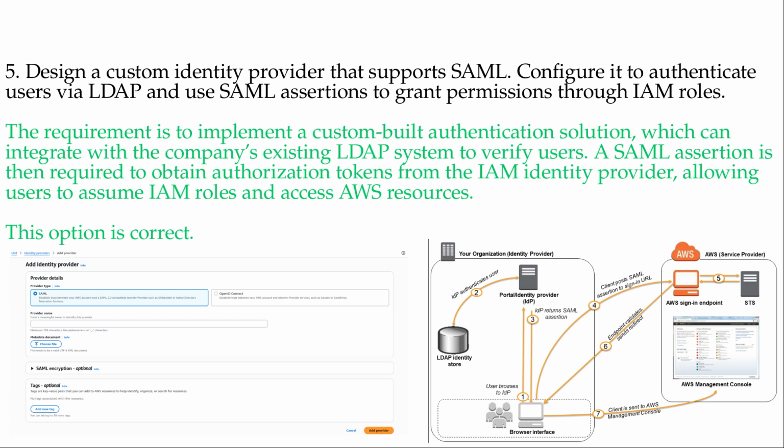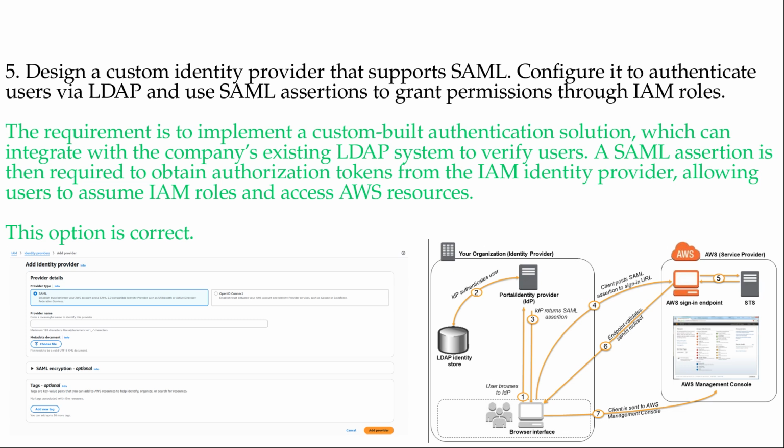If they match, it will return a SAML assertion, and then you have to pass that SAML assertion to IAM. A SAML assertion is required to obtain an authorization token from the IAM identity provider. So we are passing it to IAM, and then that is going to give you the temporary credentials.